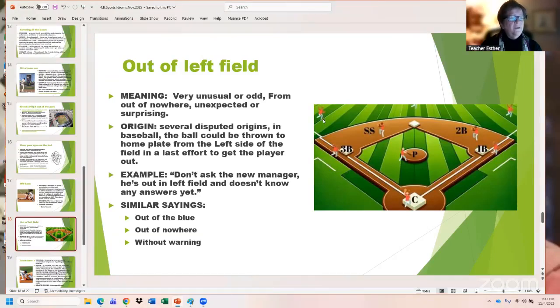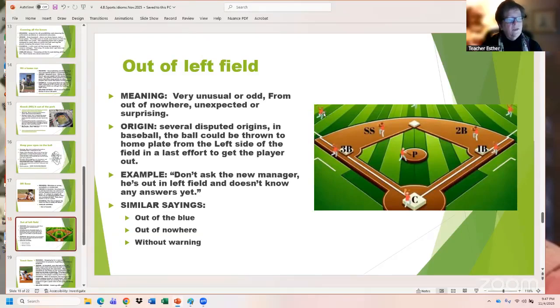And normally this player is going to hit like here. So he's going to hit in that area. When it comes back from left field, that's kind of unexpected because most of the time the ball is in this area, okay? So if it's coming from left field, it's way over here.